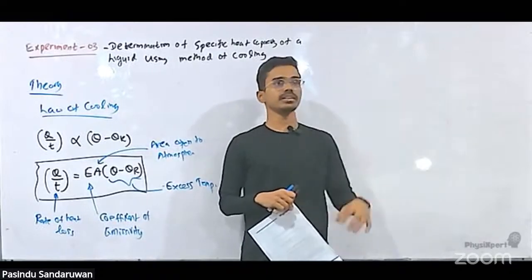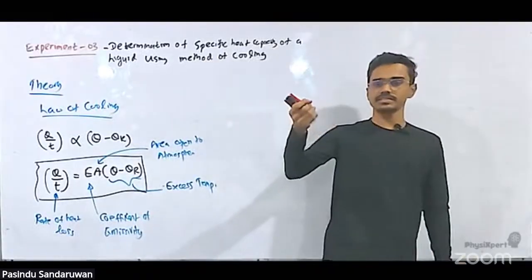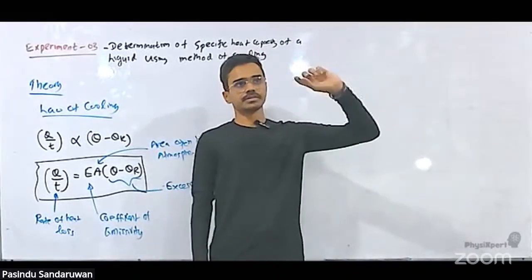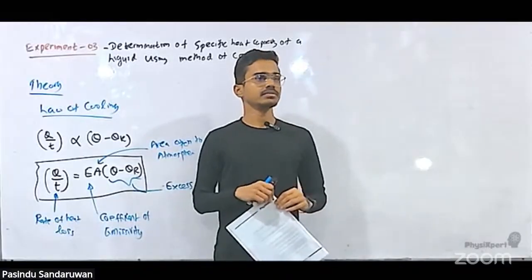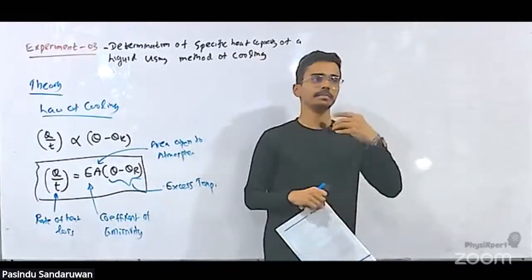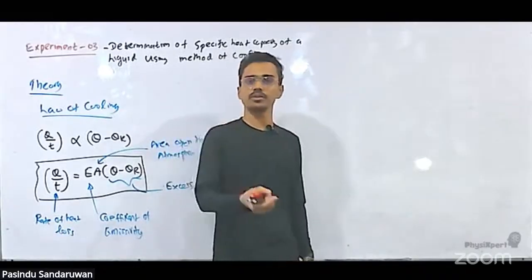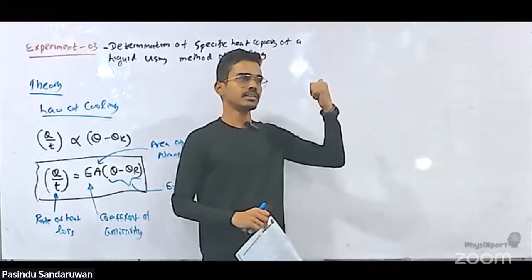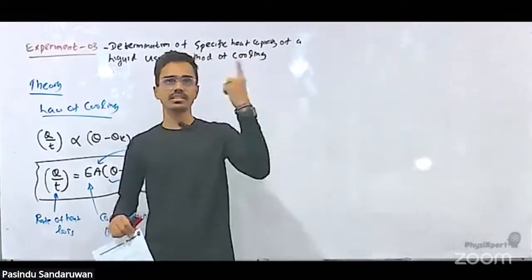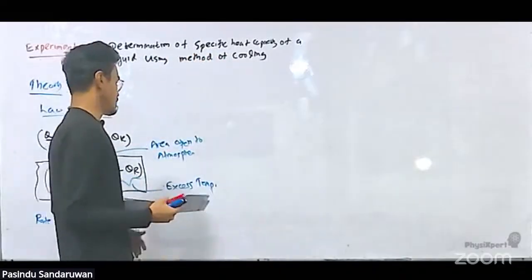Forced convection means it is done forcefully, under the impact of an external fan, or any other source of air flow, such as a pipe or a dryer. If there is something forced, as the word says, that is forced convection. If there are only natural conditions, that is natural convection. Okay, listen.